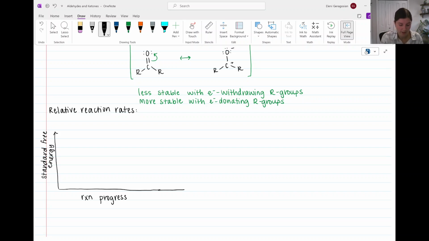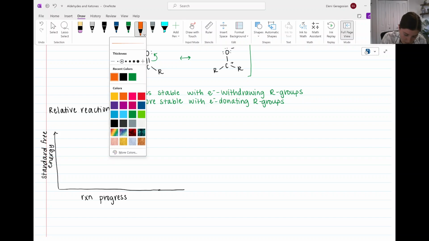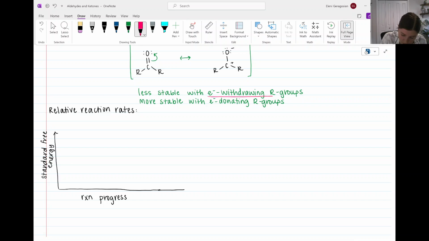And we'll compare, let's use this pink color for electron withdrawing R groups, and then we'll use blue for electron donating R groups.